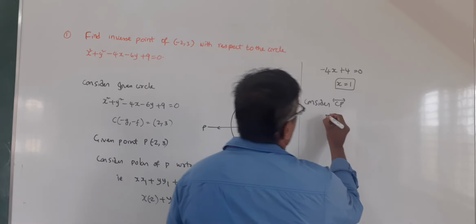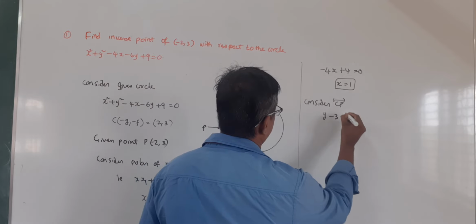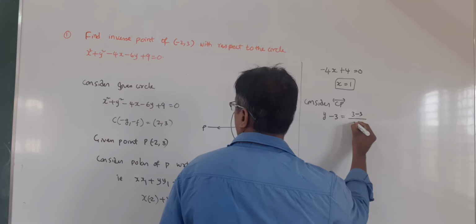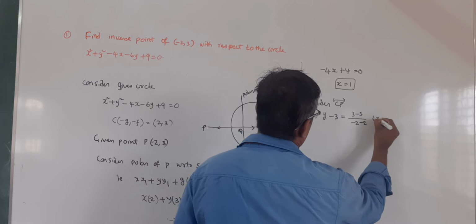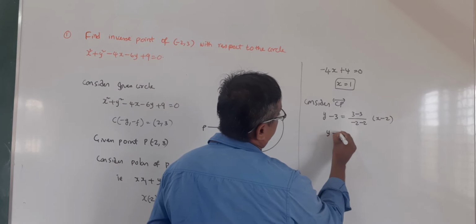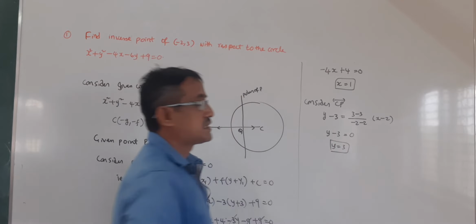So the equation of the line joining CP is y minus 3 is equal to (3 minus 3)/(-2 minus 2) into (x minus 2). That will be y minus 3 is equal to 0, y is equal to 3.